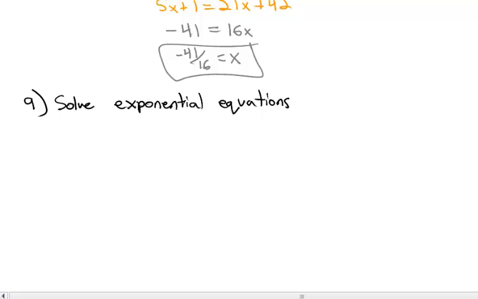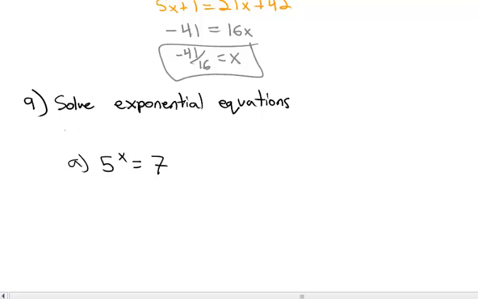Didn't we get the same base on both sides and set the exponents equal? Wasn't that solving exponent equations? Well, yeah, but those problems were really nice. We got the same base on both sides. What do we do when we have 5 to the x equals 7? We can't get the same base there.